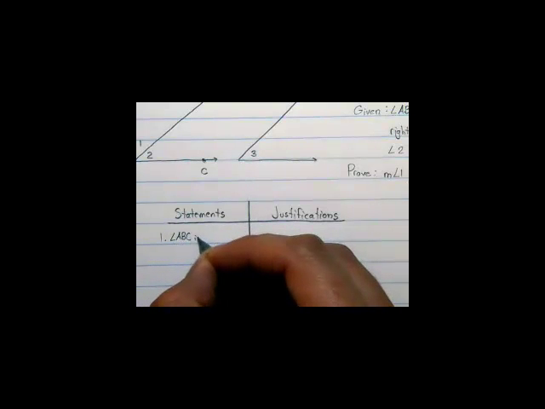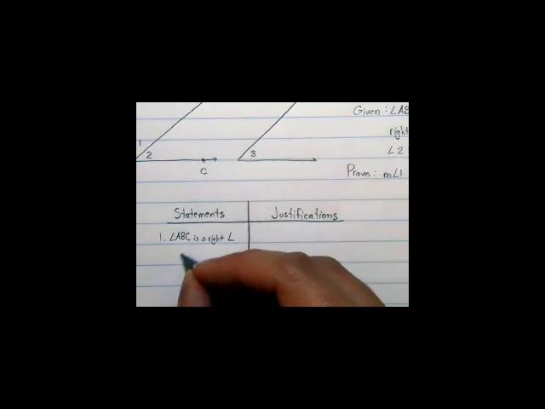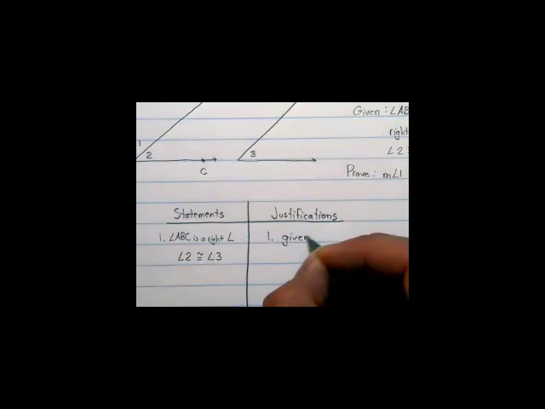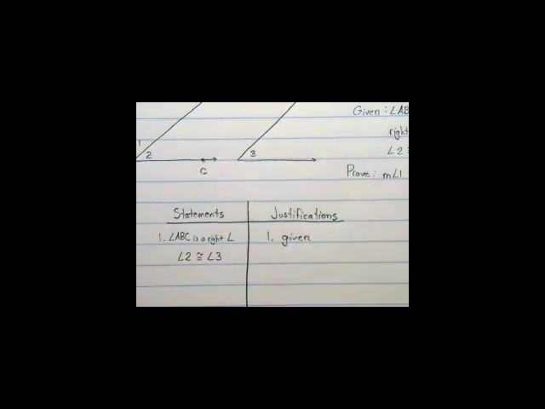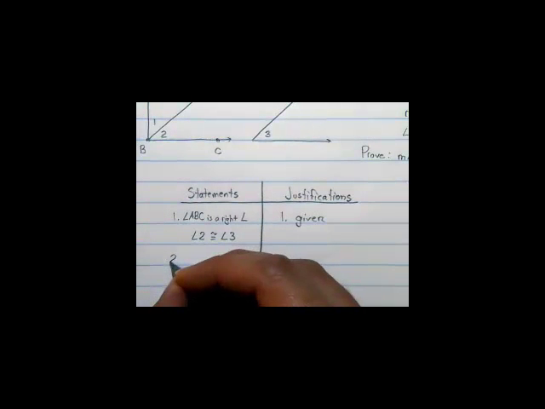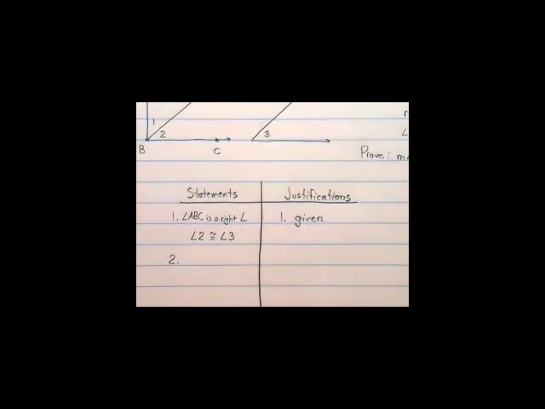So number 1, angle ABC is a right angle, and angle 2 is congruent to angle 3. That is all given. Okay, so can we start from there then?